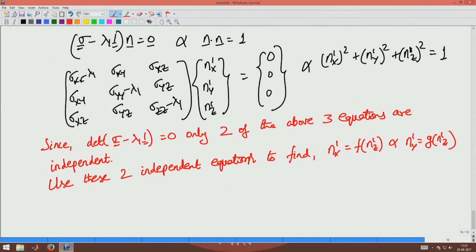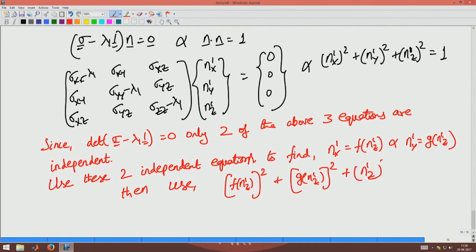Then you substitute for nx1 and ny1 these functions in this quadratic equation, f of nz1 squared plus g of nz1 squared plus nz1 squared is equal to 1, to find nz1. That way you will find all the 3 components of the normal.